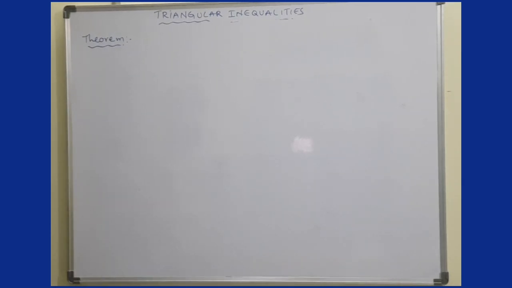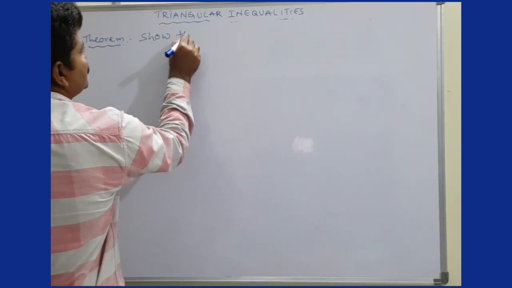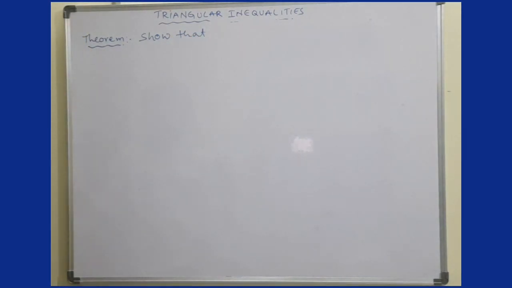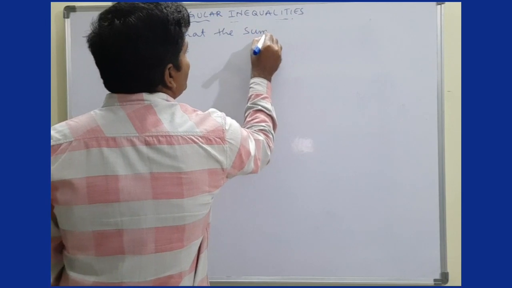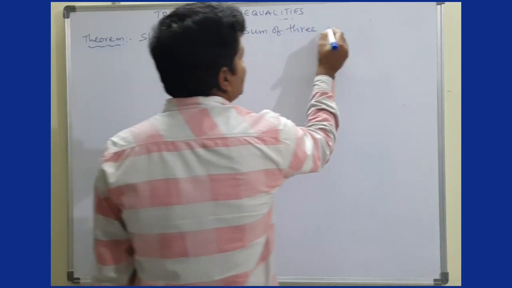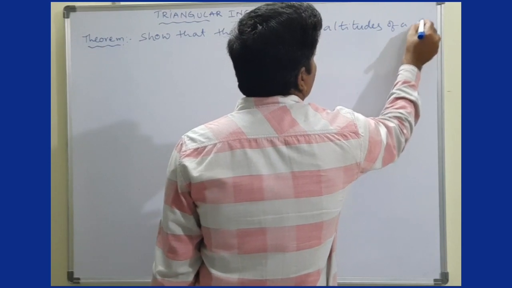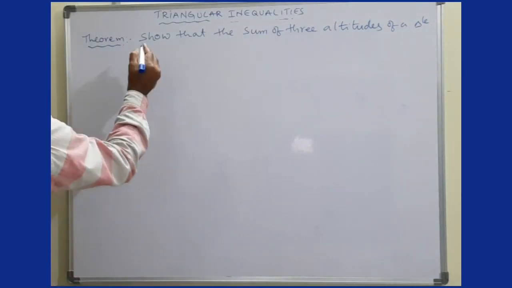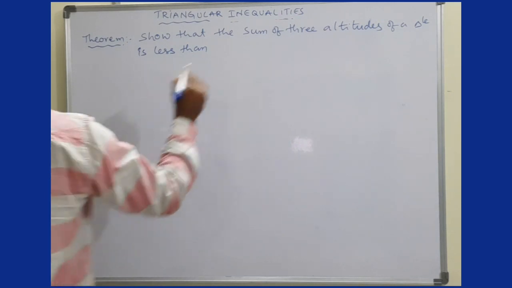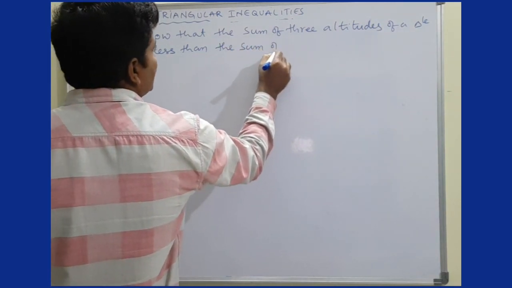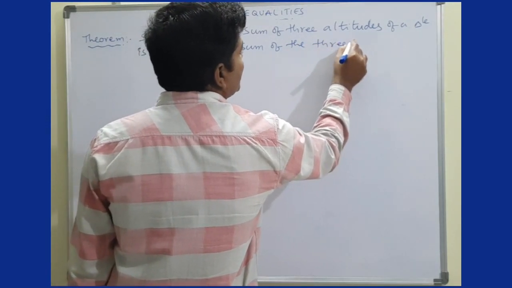Coming to the next theorem. Show that the sum of three altitudes of a triangle is less than the sum of three sides of a triangle.